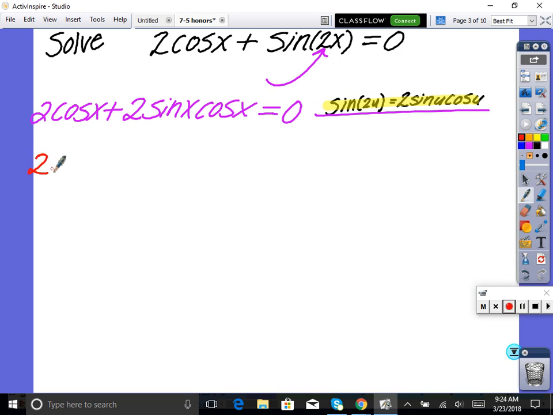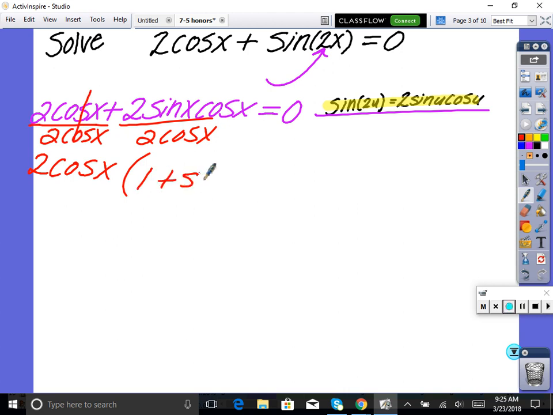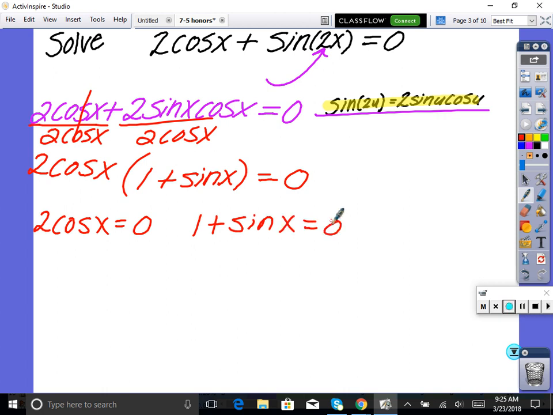Yeah, we should factor out 2 cosine of x, because that's in common. Divide by 2 cosine of x, divide by 2 cosine of x. That's nice, because now we have a 1 plus sine of x. So now we set each of those factors equal to 0 and solve. 2 cosine of x equals 0, 1 plus sine of x equals 0, and then we'll solve for x.